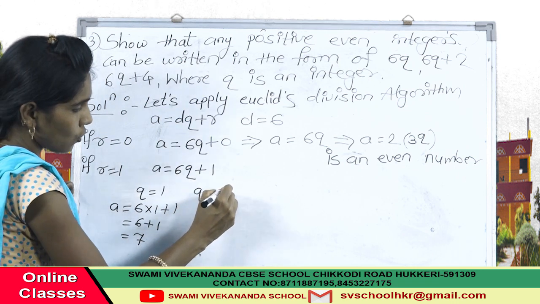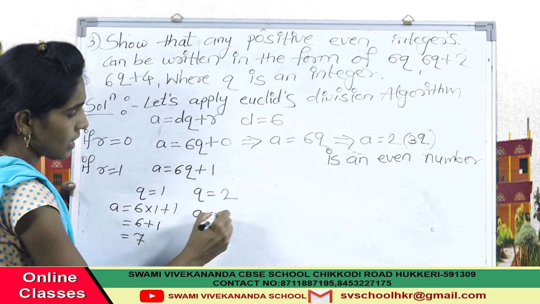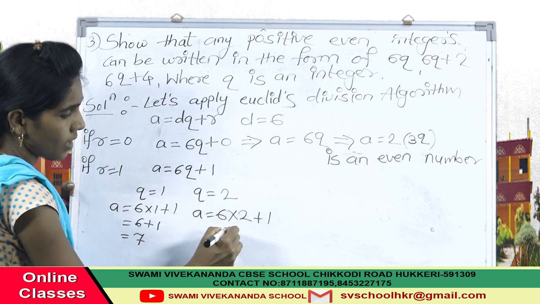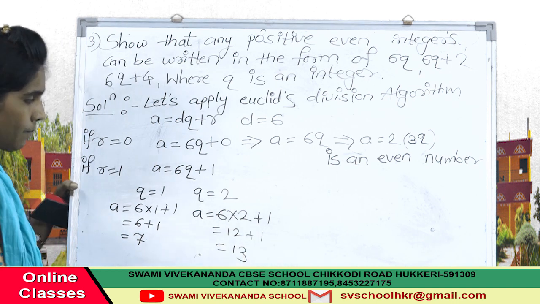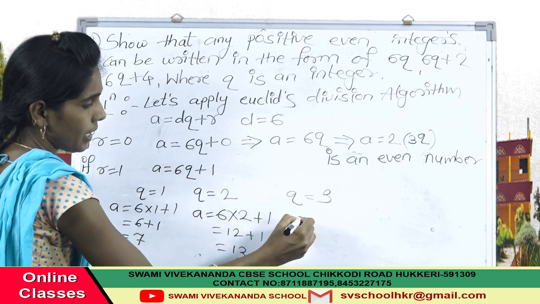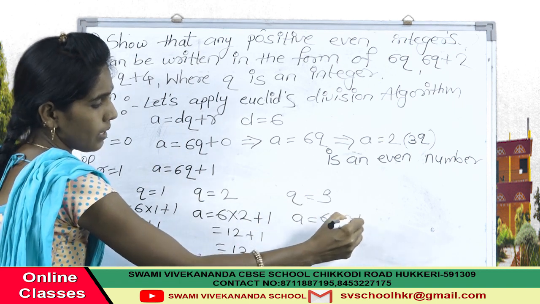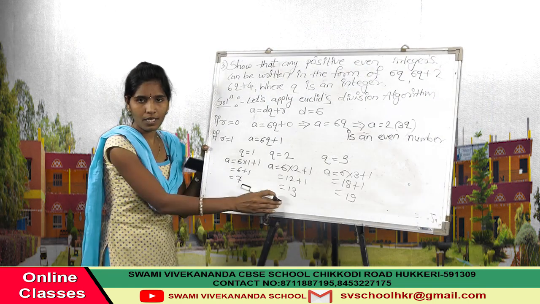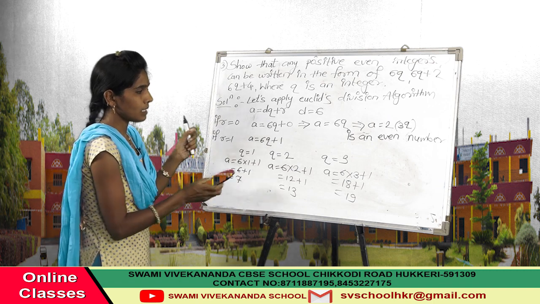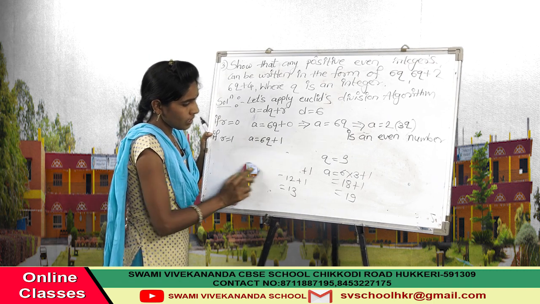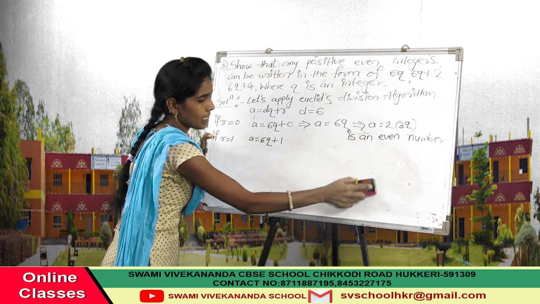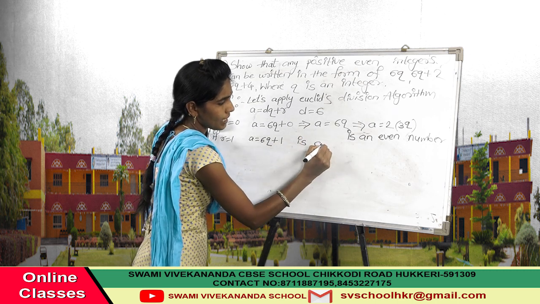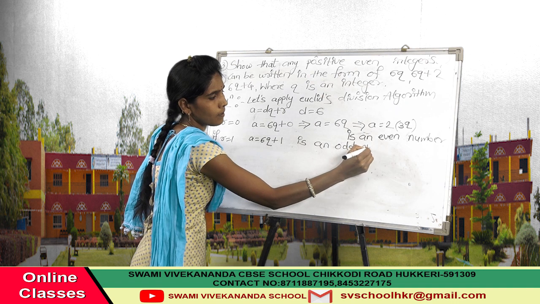If q is equal to 2, A is equal to 6 into 2 plus 1, 12 plus 1, 13. Next, q is equal to 3, we get 6 into 3 plus 1, that is 18 plus 1 is 19. Are these numbers even? No, these are odd numbers. So A is equal to 6q plus 1 is an odd number.